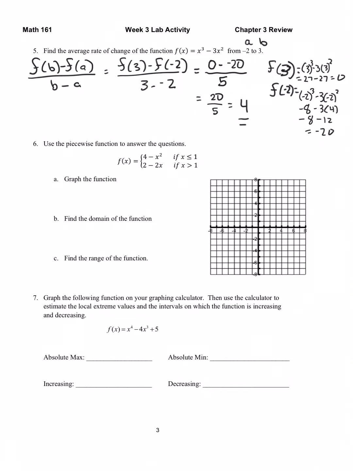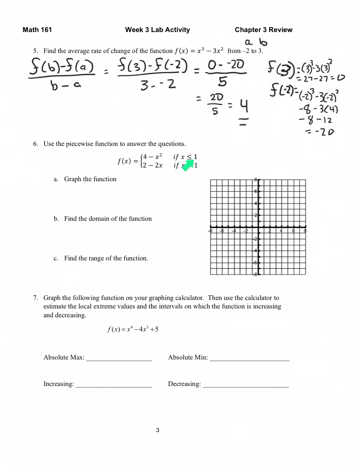Let's jump to our piecewise function. When x is less than or equal to 1, we're going to use this top part of our function, but when x is greater than 1, we're going to use this bottom part of our function. Let's first graph the very top here. Now x has to be less than or equal to 1 here.